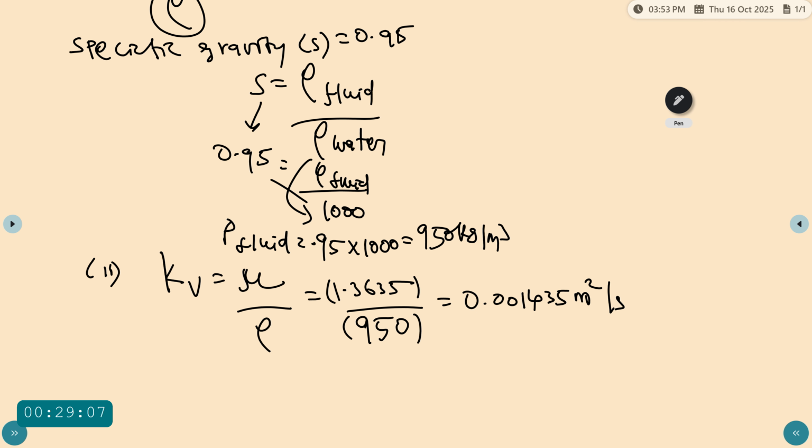In the final answer, they asked to determine the value in Stokes. For that, multiply by 10 power 4. We convert the value from meter square per second into Stokes by multiplying by 10 power 4. Now our job is to determine the value in Stokes.